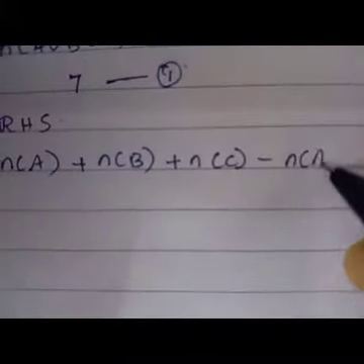So 15 minus, then add all the negative signs: 3 plus 2 is 5, 5 plus 3 is 8. So 15 minus 8 is 7. This is your second equation. Therefore, your left hand side is equal to the right hand side. Hence, it is verified.